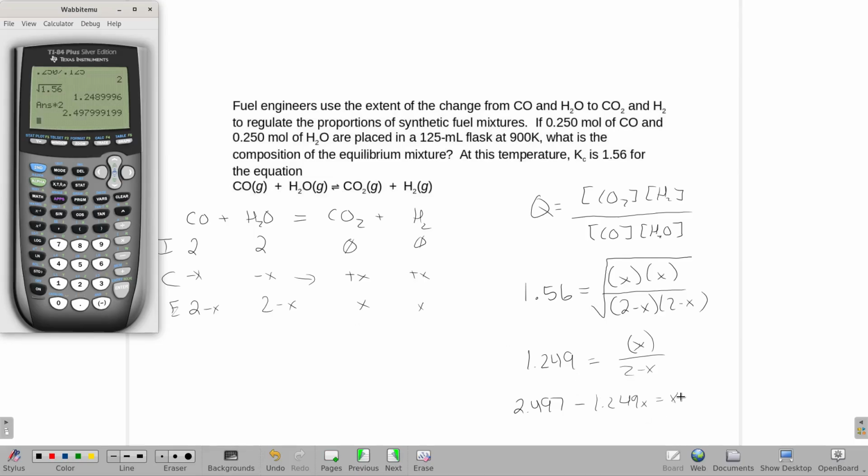So I'm going to move this over here and then divide this by this value right there plus that 1. And I get an x of 1.11.